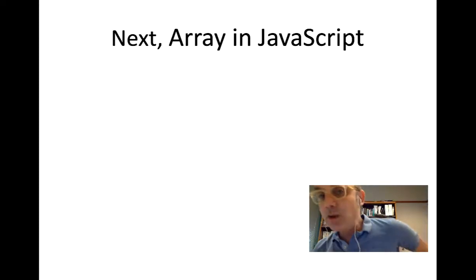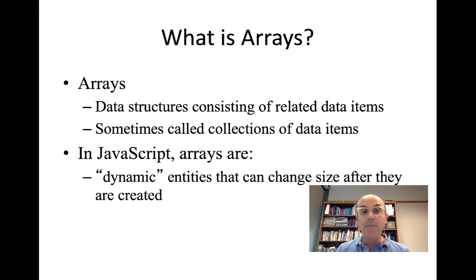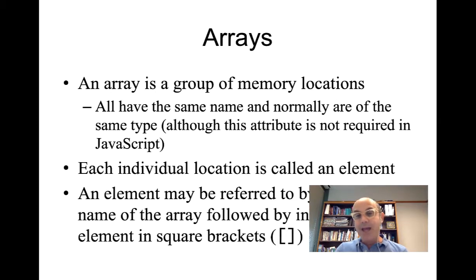But I would like to move forward because I would like to focus on arrays. An array in JavaScript is a data structure consisting of related data items. Sometimes I call it a collection of data items. Arrays are dynamic entities that can change size after they are created.